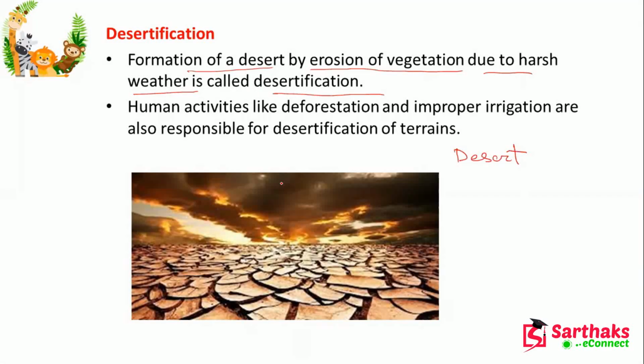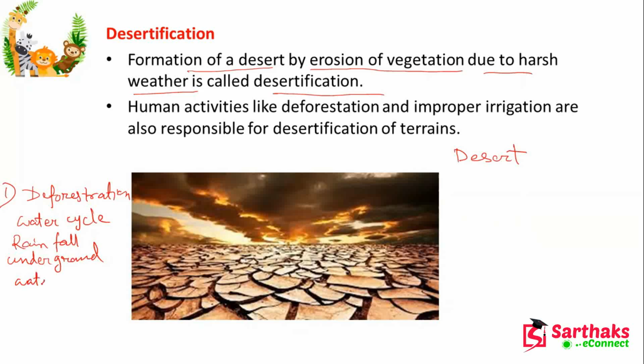And human activities like deforestation and improper irrigation are responsible for the desertification of terrains. The first main cause of desertification is deforestation, because due to deforestation the water cycle will be affected, and also the rainfall will be low, and sometimes there is no rainfall at all, and the underground water level is also very low.